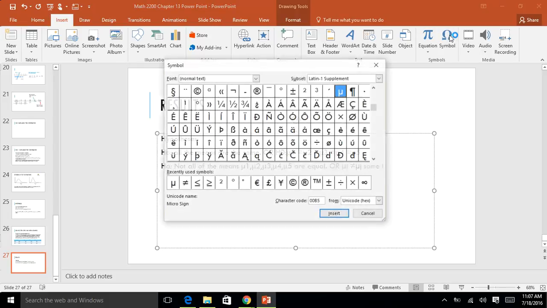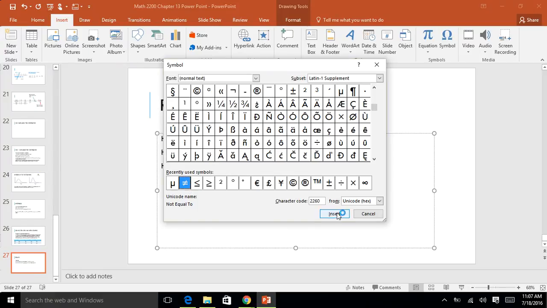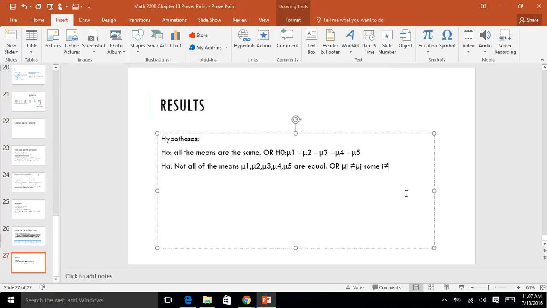I'm just showing you because the book does it, and I'm more for the first one: mean 1 equals 2, 3, 4, 5, and then my alternative being not all the means are equal. Okay, so those are my hypotheses.